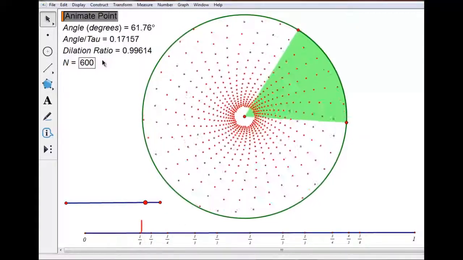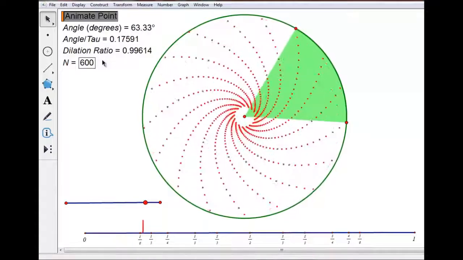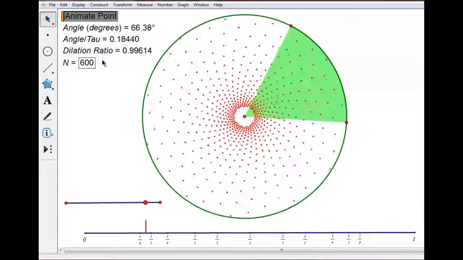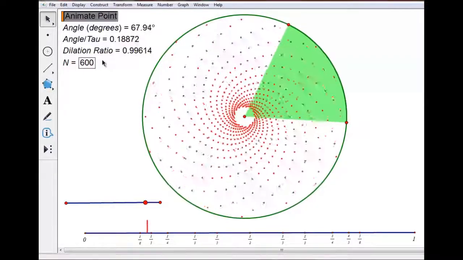Notice that whenever we get anywhere near a low denominator rational number, like say 1/5, you can see it coming from a long way off.